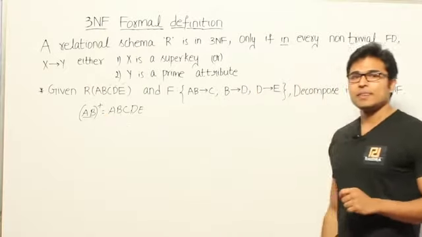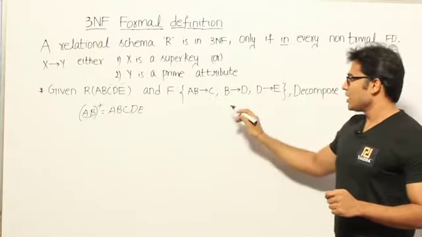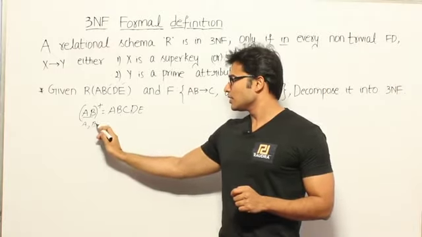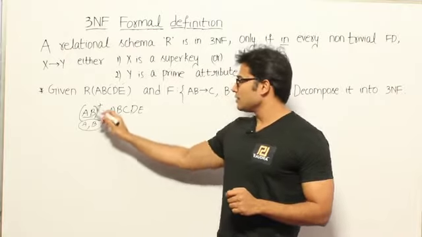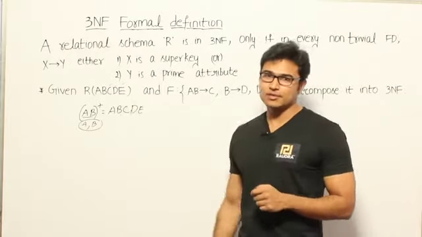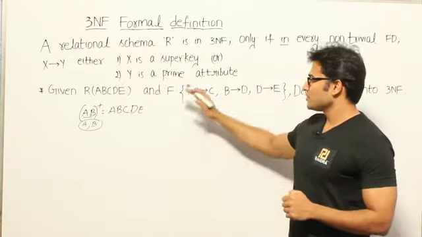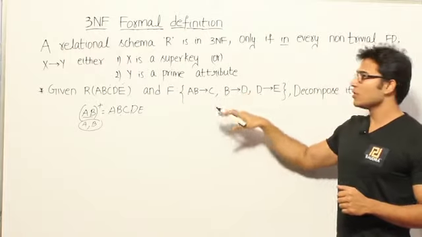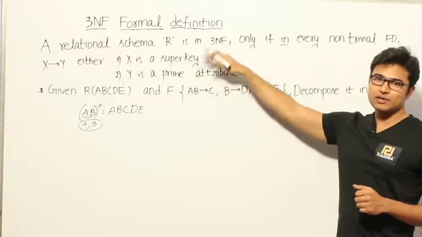Now let's see. If AB is the candidate key, then A and B are going to be the key attributes and the remaining attributes are going to be the non-key attributes for this table, right? Now based on that we shall verify whether each dependency is going to meet any of these two conditions or not.